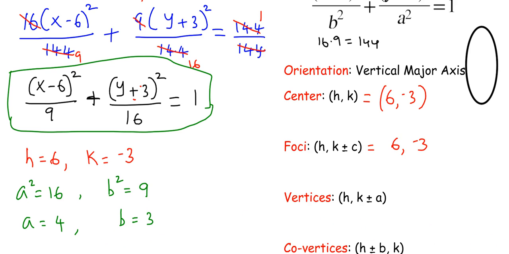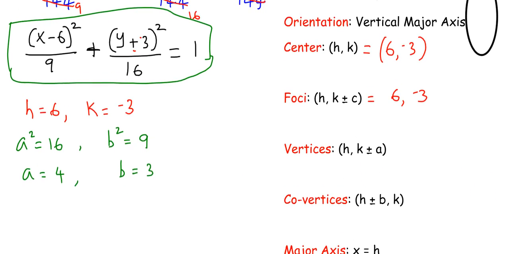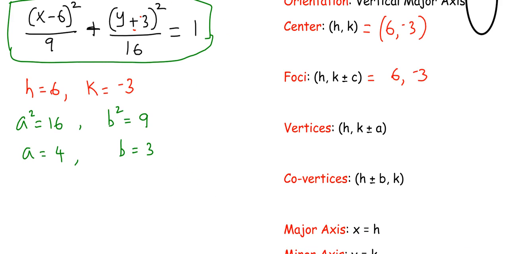So make use of this a and b to get the value of c. That is, c is equal to square root of a square, that is 4 square, that is 16, minus b square, that is 3 square, that is 9, to give you how much? 16 minus 9, that is 7, square root of 7.